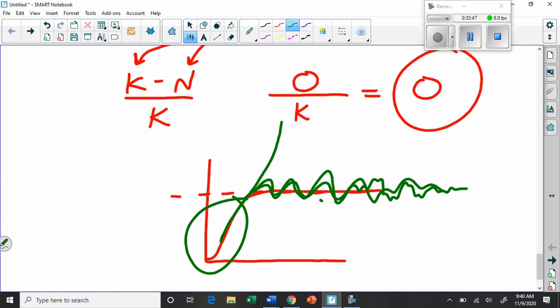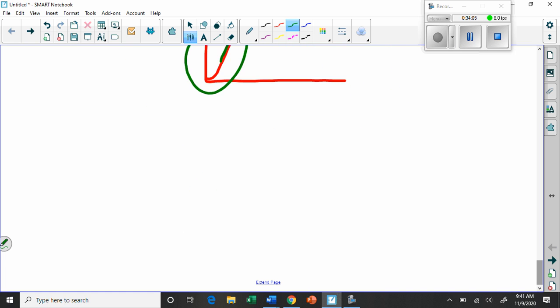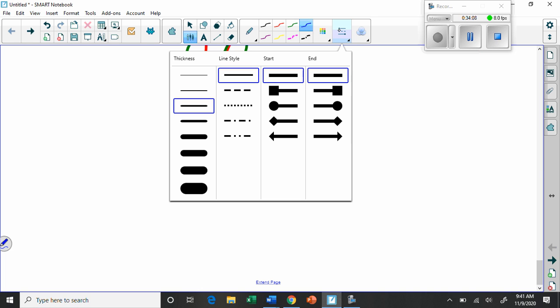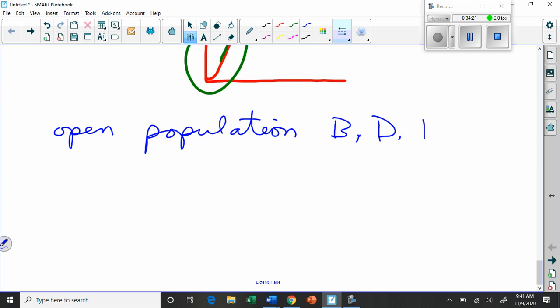This particular thing I'm just noticing in your book, they do specify that this doesn't take into account immigration or emigration. And the reason we know that is because there are no letters in the formula to represent those things. So both of these have no immigration or emigration. And I think that's where they talk about open and closed. So an open population is one where you have births, deaths, immigration, and emigration.